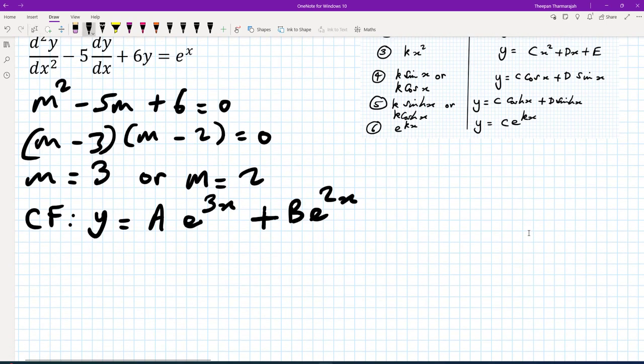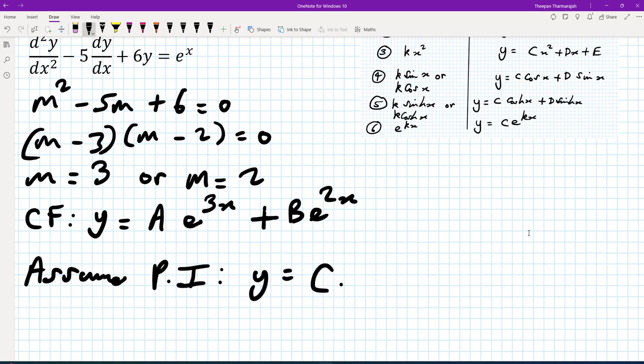So we're going to assume that the particular integral takes the form y equals c times e to the x. If there was another power like 3 or 4 we would write it there, but k is 1.